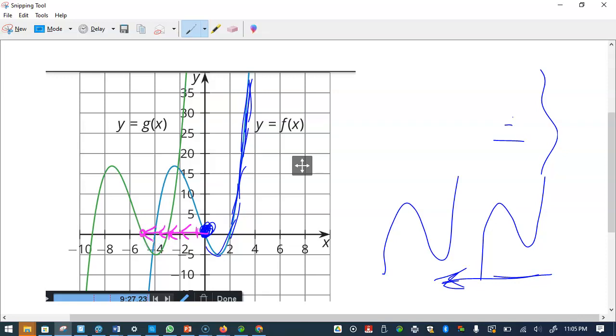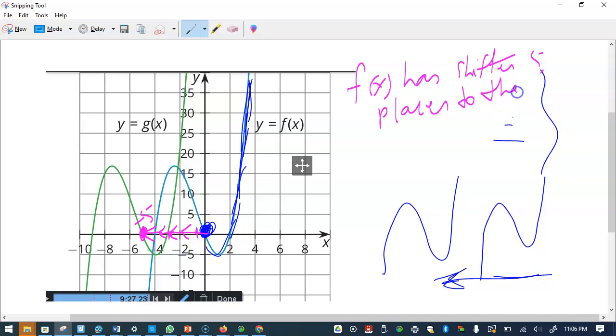So that's -5. So that means the blue graph has shifted. I want you to write this: the graph f of x has shifted 5 places to the left. That's the observation that the graph has shifted.